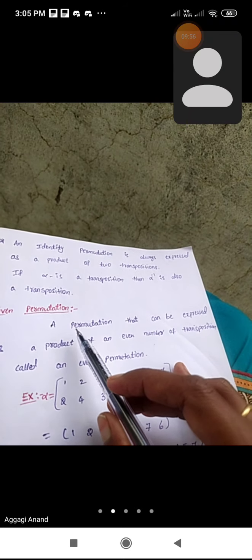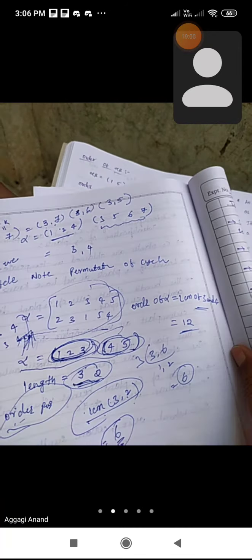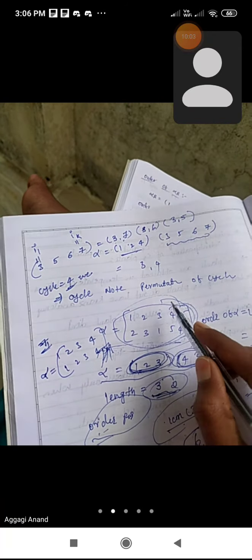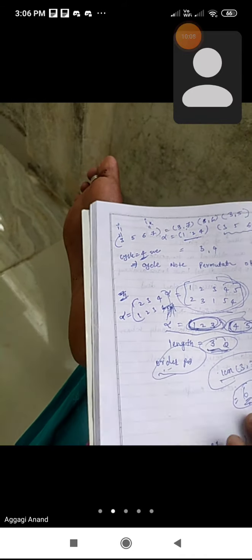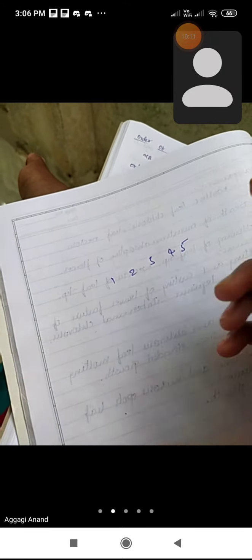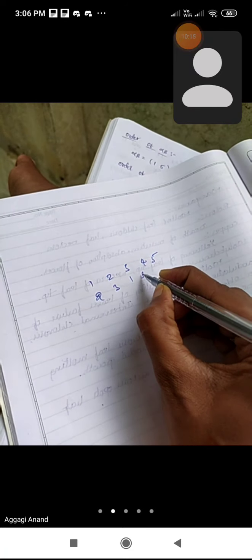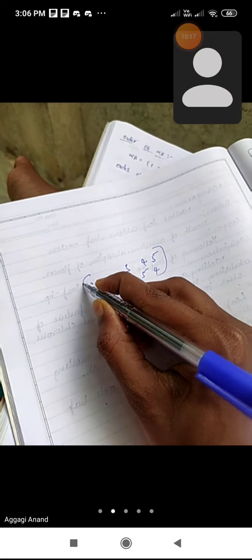So any permutation, this is the one permutation. 1, 2, 3, 4, 5 with images 2, 3, 1, 5, 4. Okay.